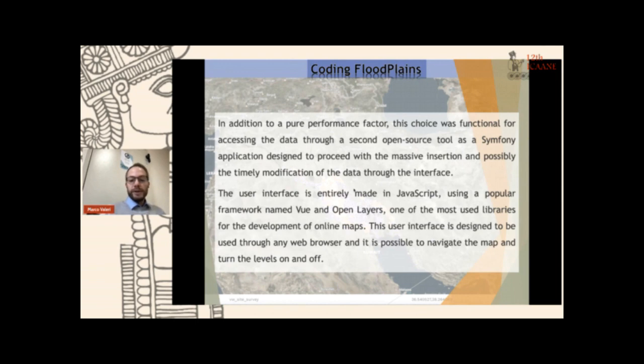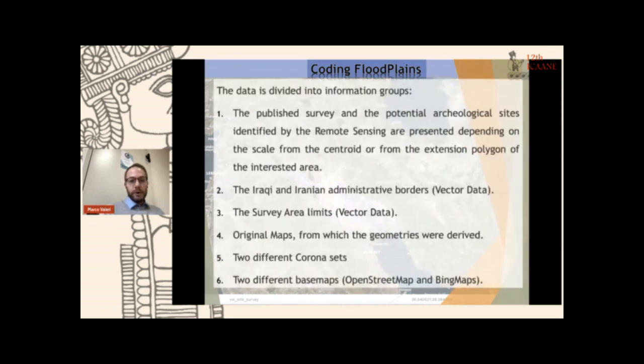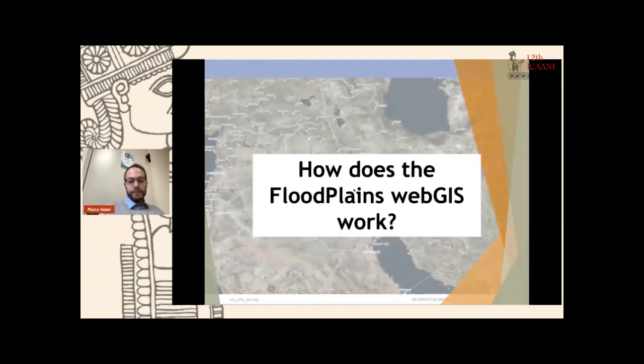This user interface is designed to be used through any web browser and it's possible to navigate the map and turn layers on and off. The data is divided into information groups: published, surveyed, and potential archaeological sites, the Iraqi-Iranian administrative borders, the survey limits, original maps, 2 different Corona sets, 2 different base maps.